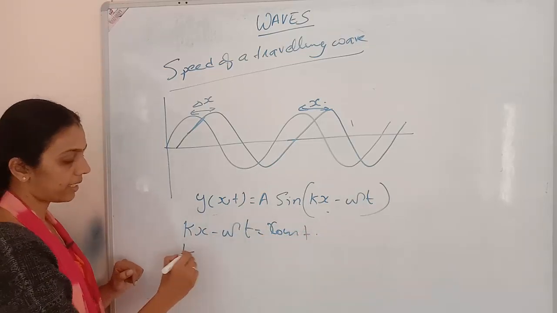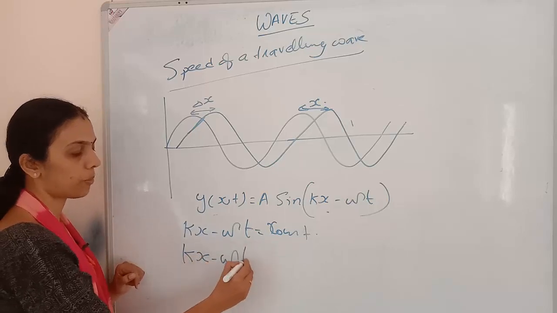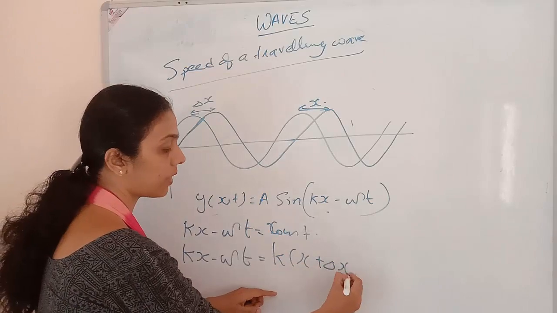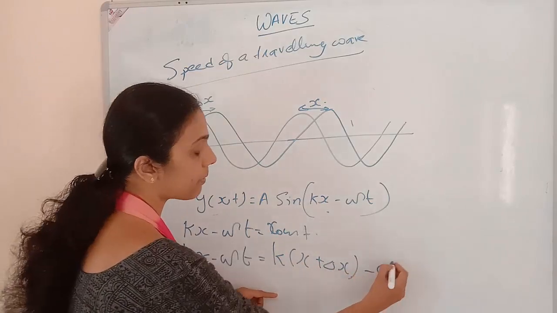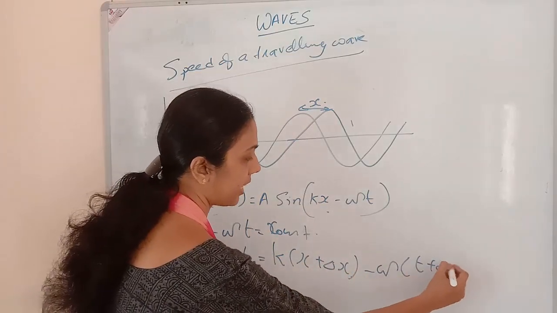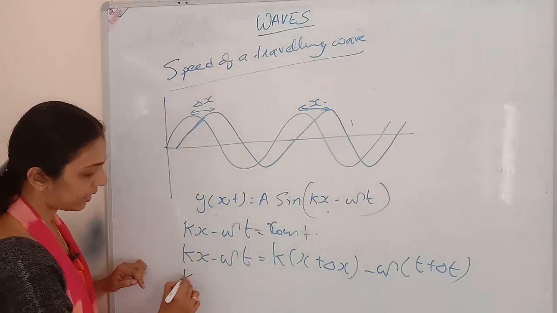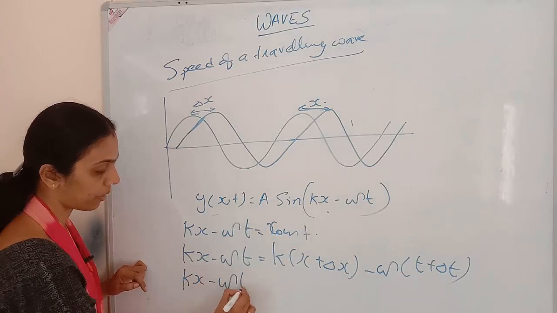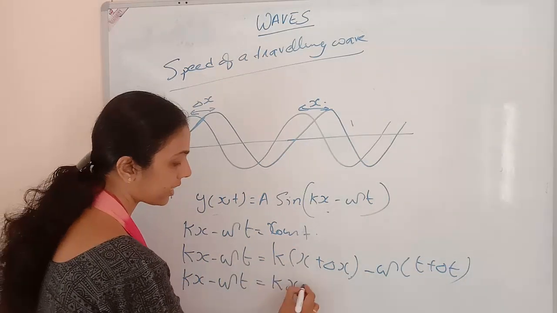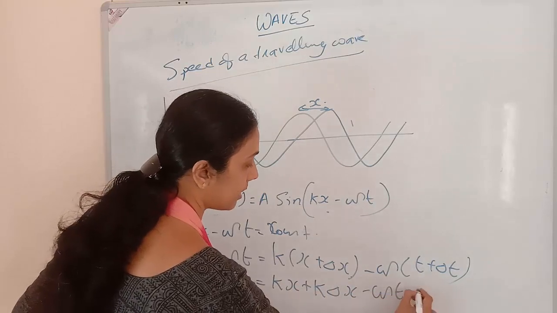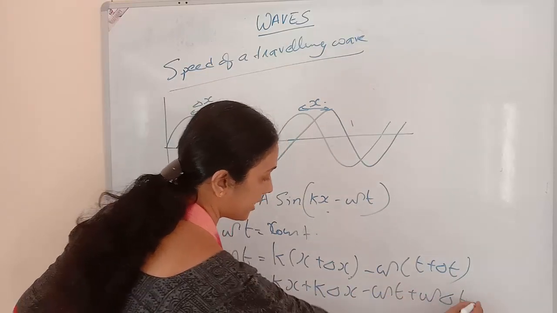So if it is traveling a distance of delta x in an interval of time delta t, kx minus omega t will remain the same. We can write kx minus omega t equals kx plus k delta x minus omega t plus omega delta t.